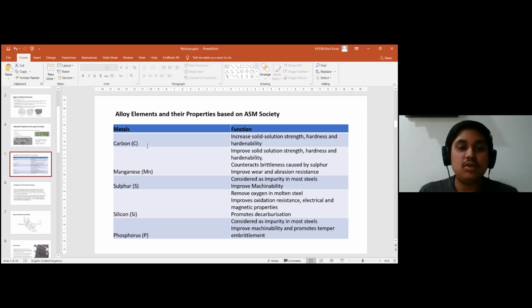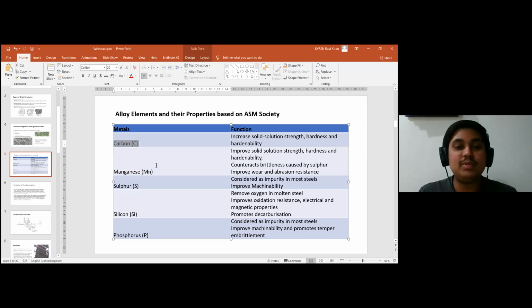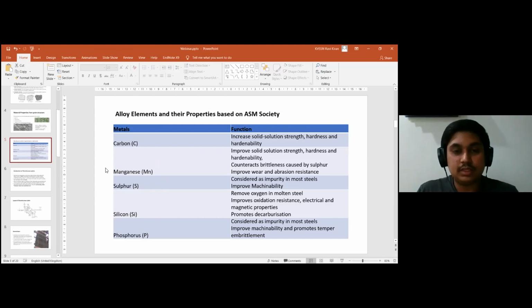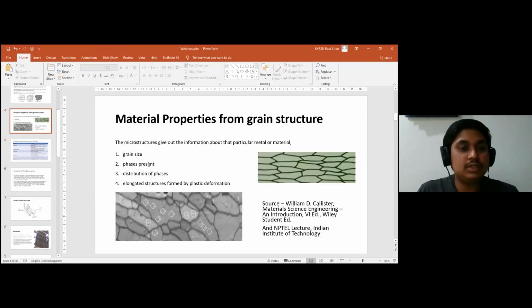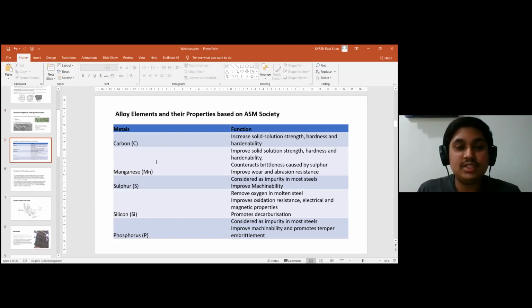So every element that is being used in the manufacturing of the tubes of that economizer is present over here, and each element indicates its function, like how it is going to help the component that we are going to utilize for real life purposes.